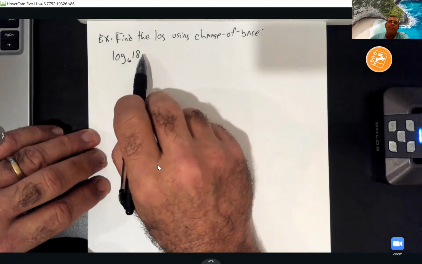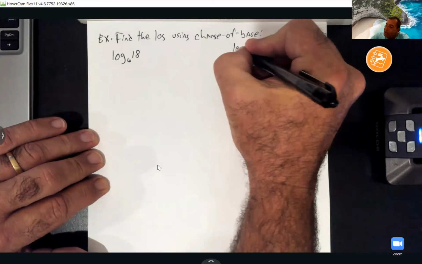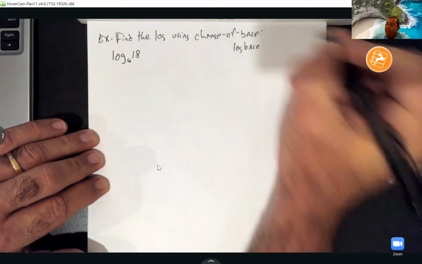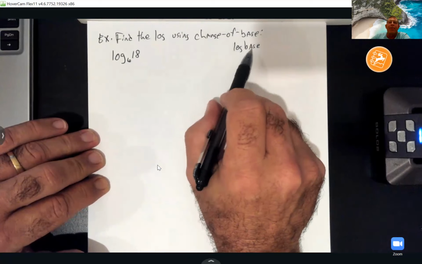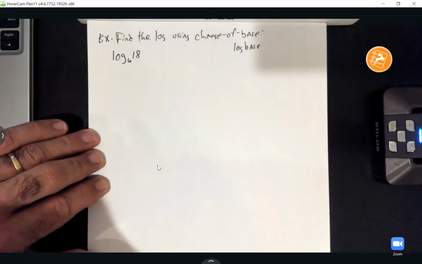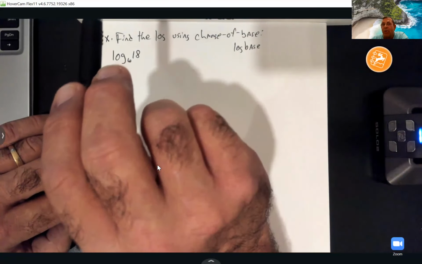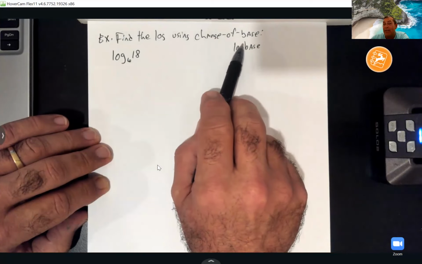Now, on this one, I'm not using change of base. If I was, y'all, on my calculator, I would just use the log base. So go to math, arrow down, hit log base, and you can put this in just like it looks. But back before they gave you that feature on the calculators, we had to do this change of base stuff.